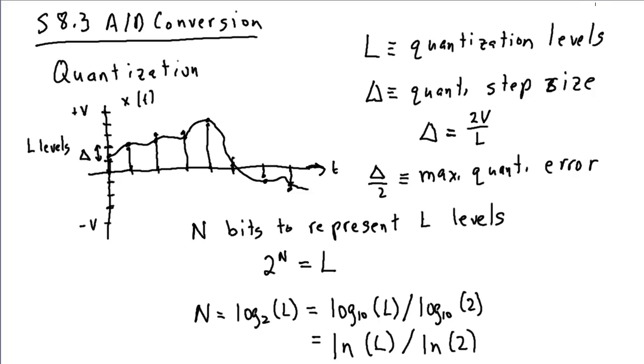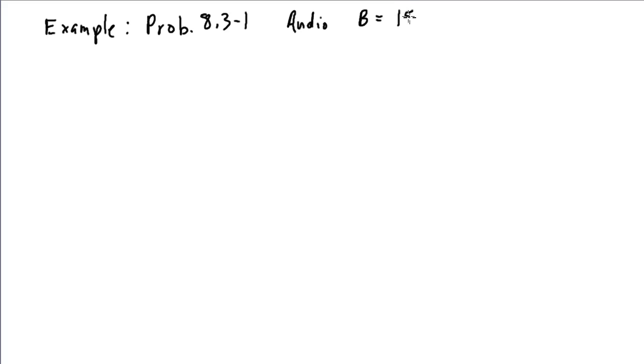So let's look at an example problem where we'll use all of these new variables. This is problem 8.3-1, the end of the chapter, where we're interested in recording audio, and the bandwidth of the Fourier transform of the audio signal is 15 kilohertz.